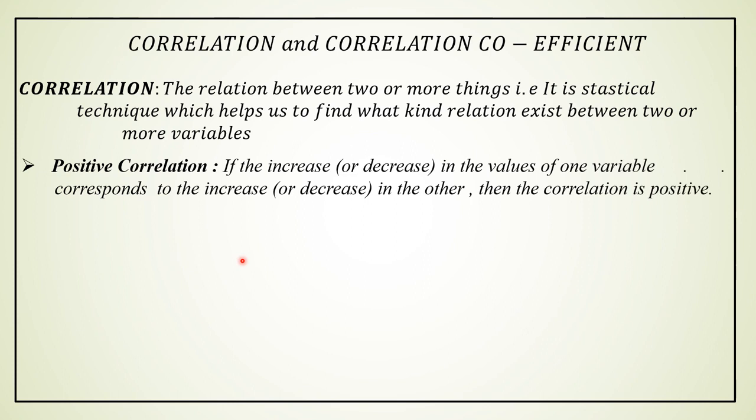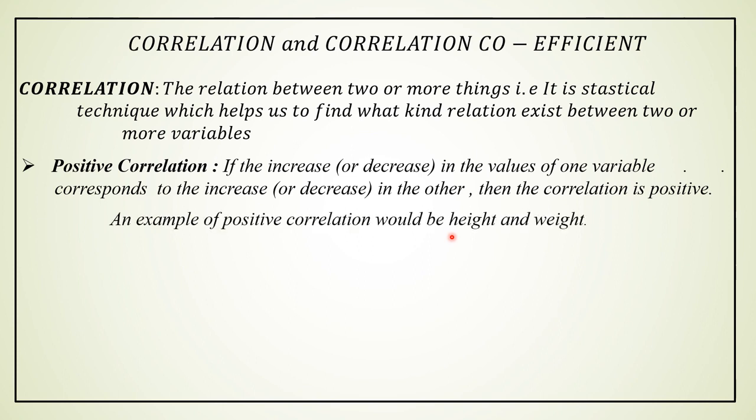One is positive correlation, that is nothing but the increase in the value of one variable corresponds to the increase in the other. Then we are going to say that the two variables are positively correlated. For example, the positive correlation would be the height and weight of a person.